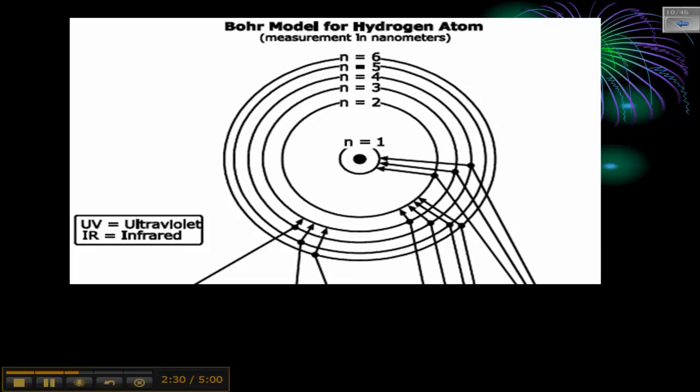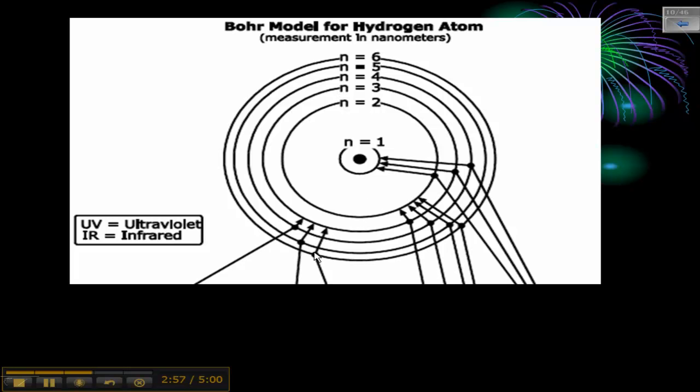So this is on the last page of your reference packet. At the top, this is the Bohr model for hydrogen. So what we're seeing here is actually the energy level drops. So our electrons started out down here where the arrowheads are, and they absorbed energy, and they got excited, and they jumped up to where these points are.